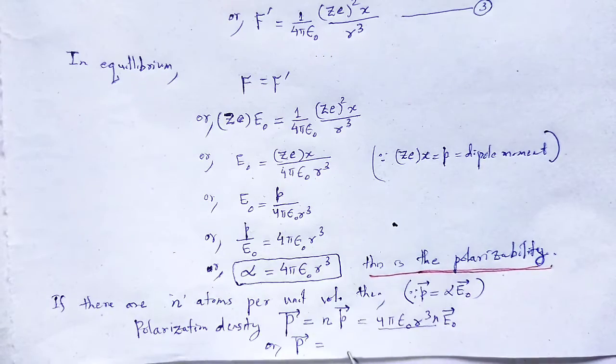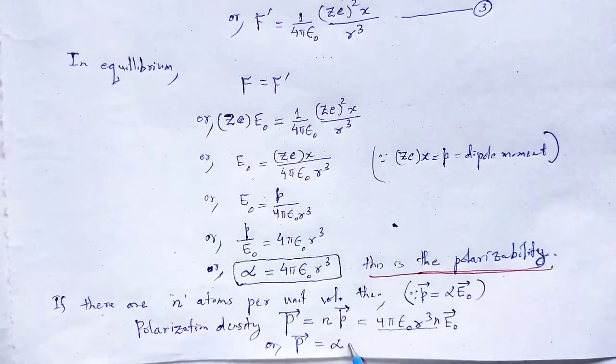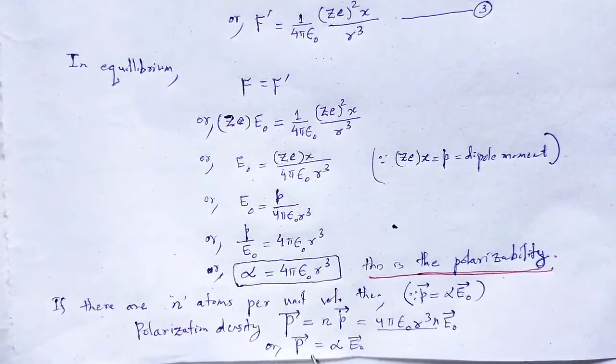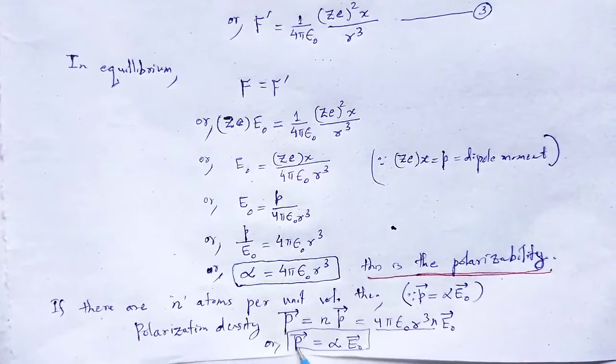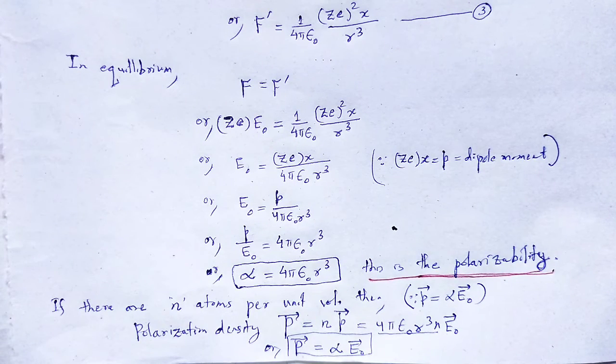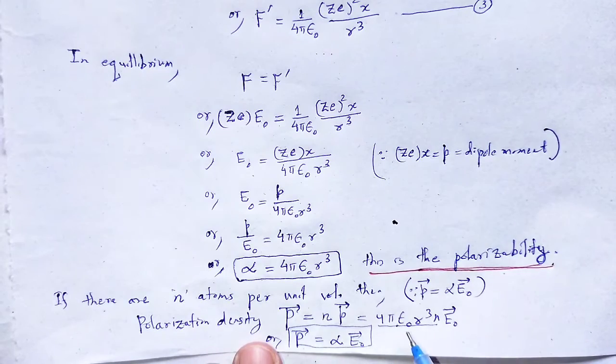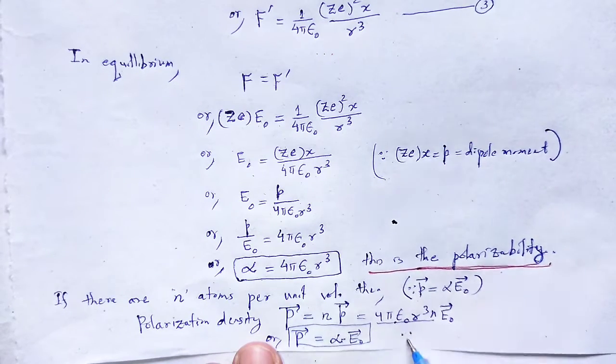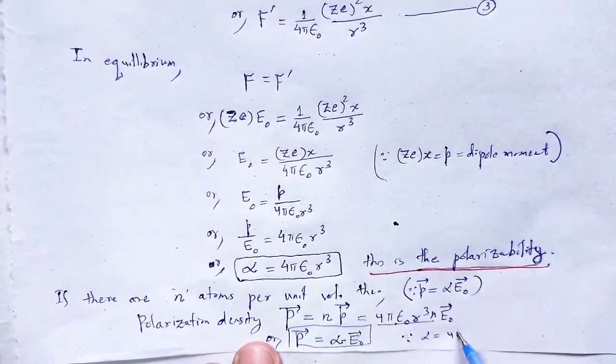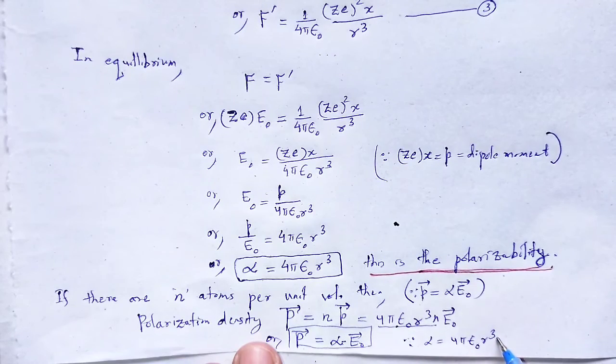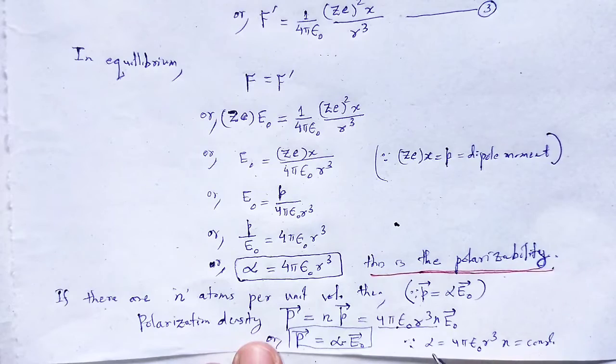For that quantity we introduce alpha, then alpha E vector is the polarization density, where alpha is equal to 4 pi epsilon naught r cube into n, that is a constant.